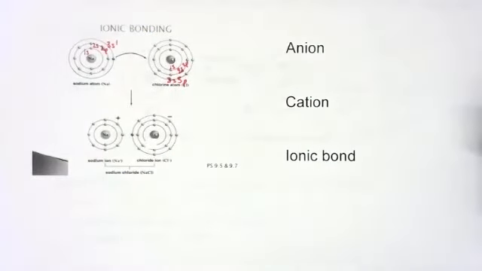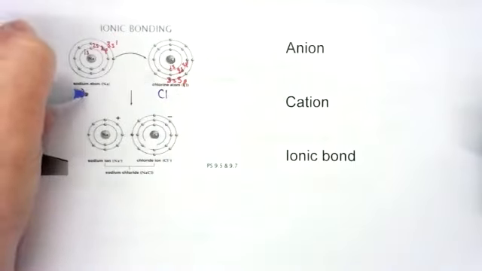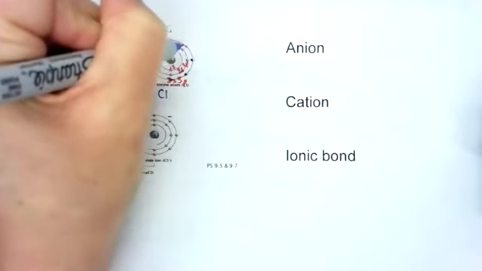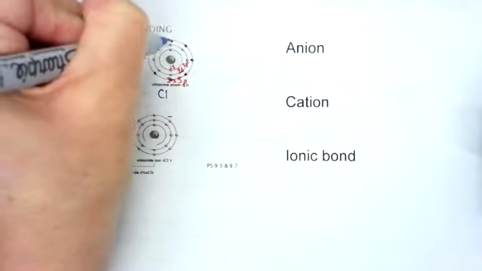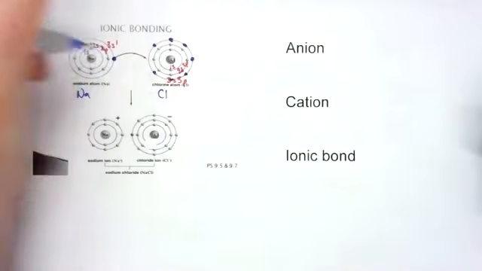So what we're seeing with chlorine, this is chlorine, this is sodium. I've got 1, 2, 3, 4, 5, 6, 7, so that way we can see all the valence. I have 7 valence electrons for chlorine, and for sodium I have 1.